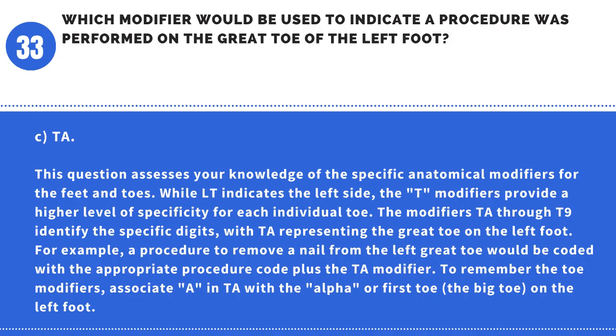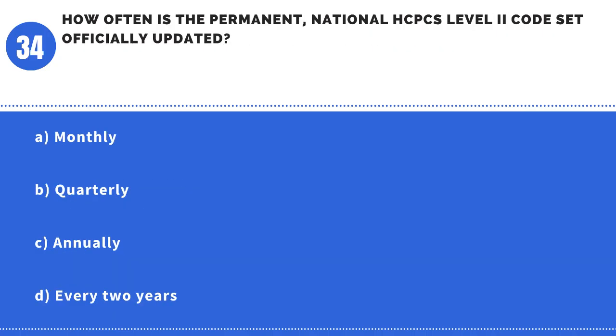For example, a procedure to remove a nail from the left great toe would be coded with the appropriate procedure code, plus the TA modifier. To remember the toe modifiers, associate A in TA with the alpha or first toe, the big toe, on the left foot.